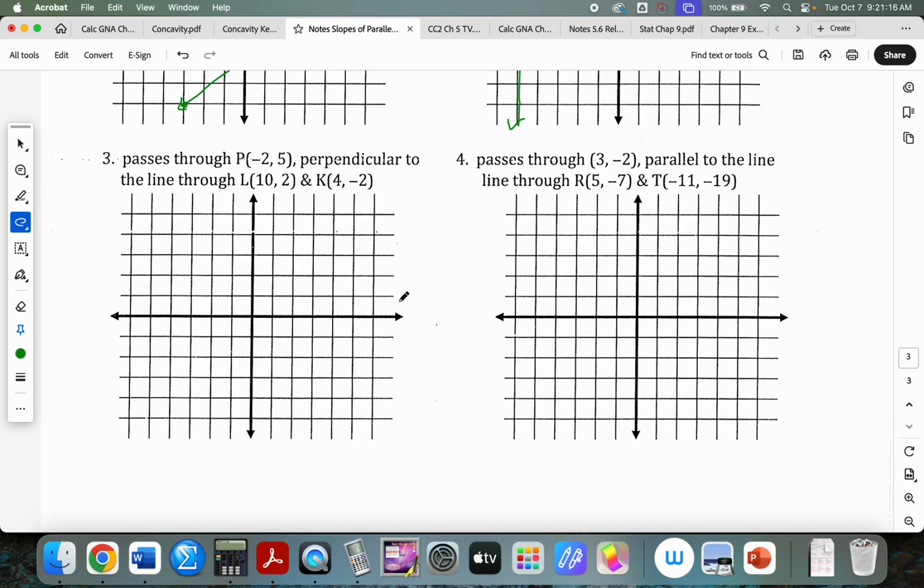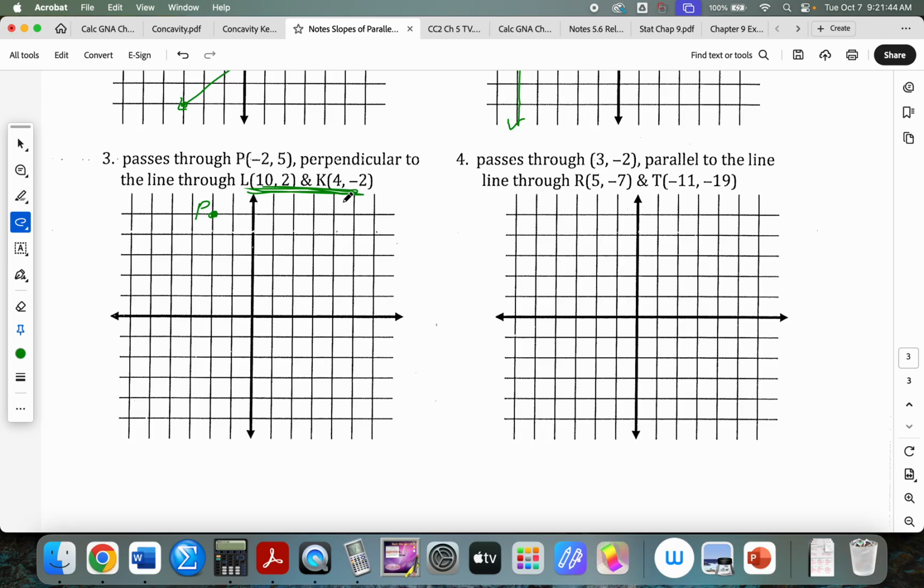For number 3, passes through the point P at -2, 5. And would be perpendicular to a line through L and K, where L has coordinates 10, 2, and K has coordinates 4, -2. You don't need to graph this line.